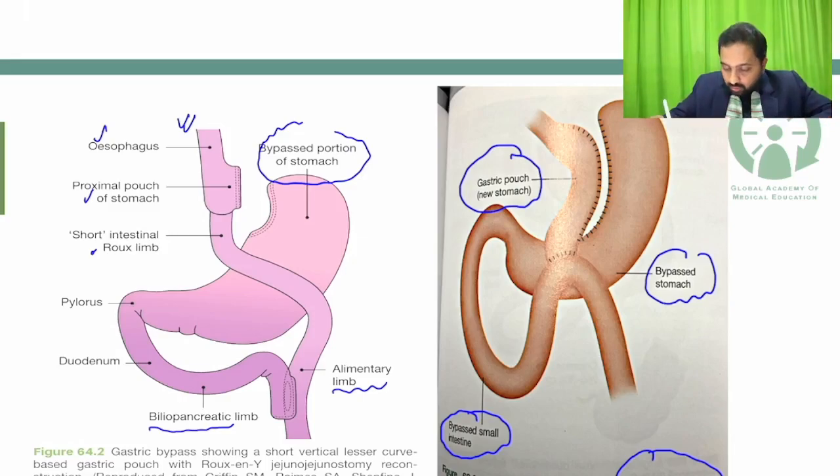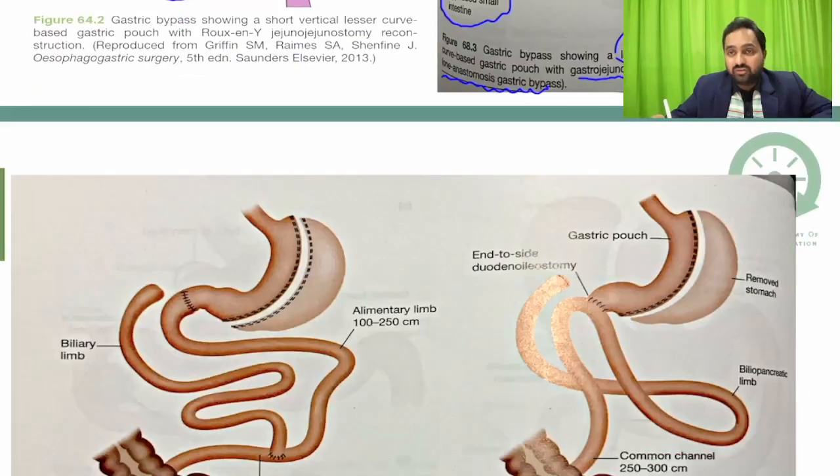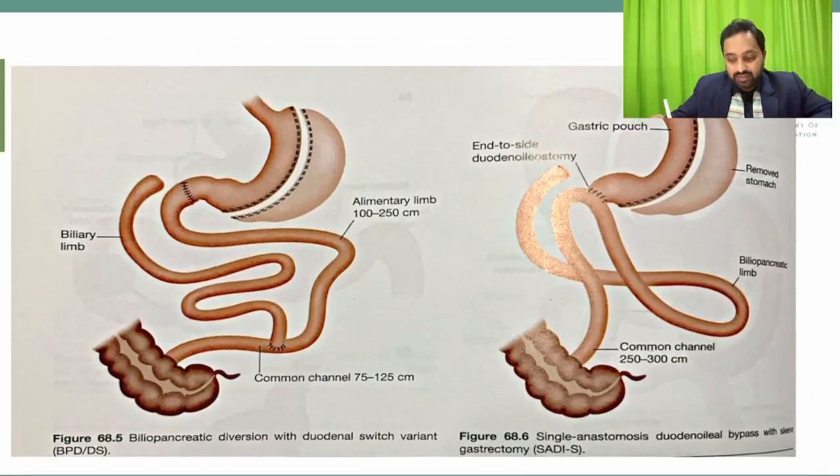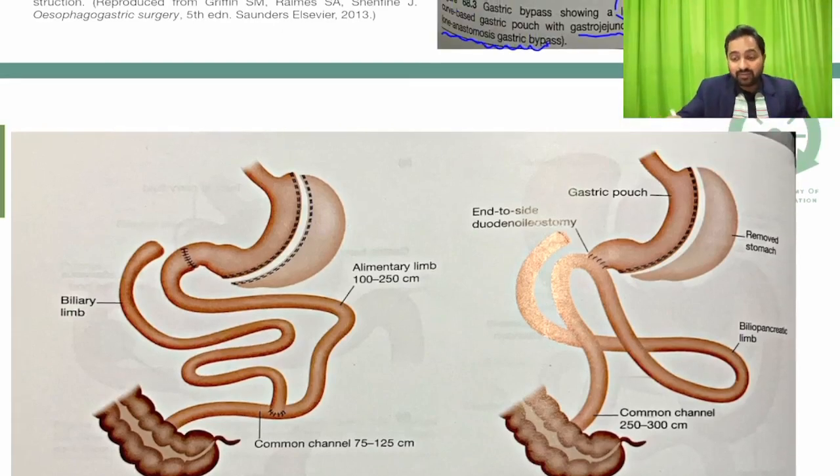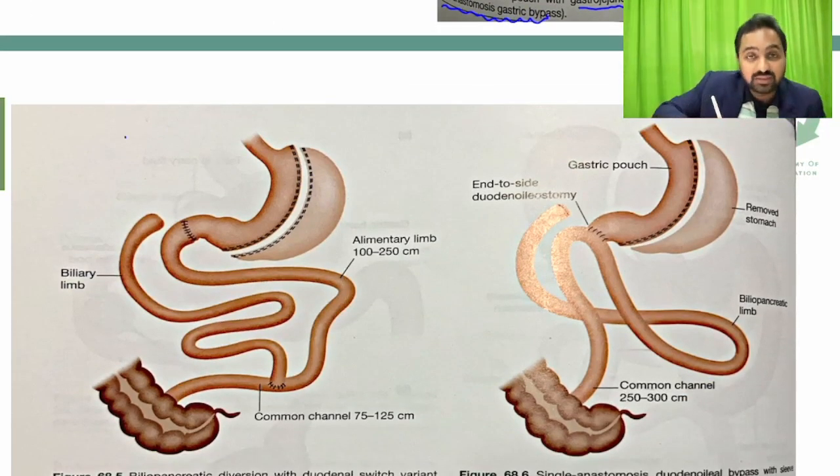Now this is an image which has been taken from the recent edition of Bailey and Love. I would like you to notice over here that there's a biliopancreatic diversion. First, on this diagram, a biliopancreatic diversion with the duodenal switch variant, right?